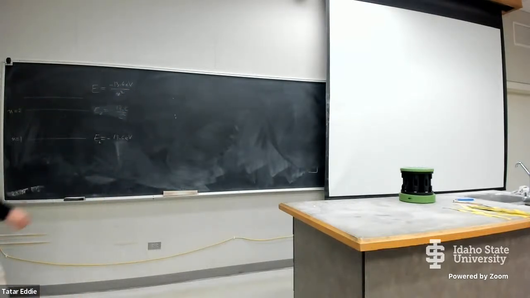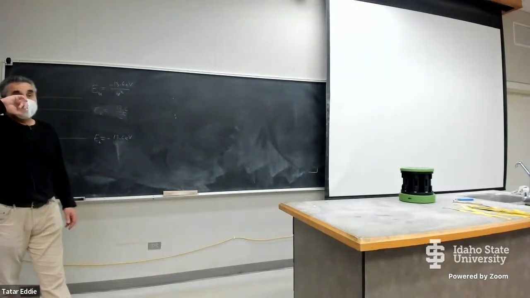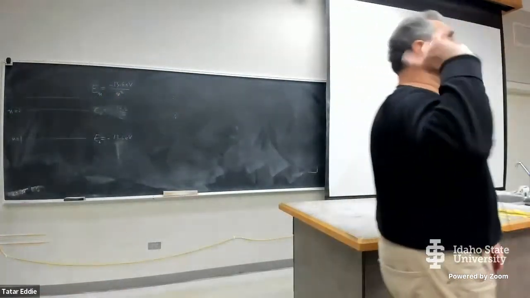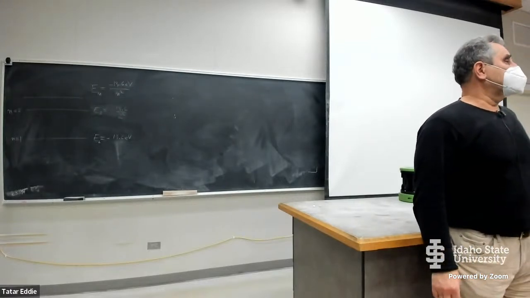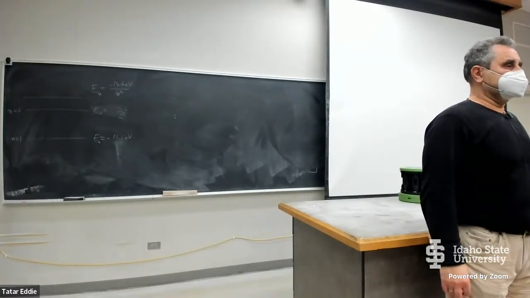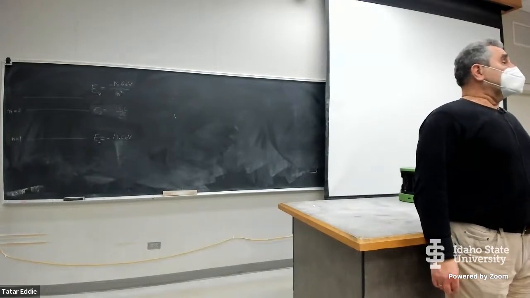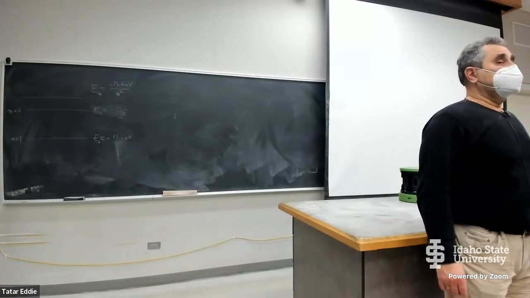So this formula describes the nth energy level of a hydrogen atom. For hydrogen-like atoms, the formula is similar up to a constant. So those are energies of the electron in an atom of hydrogen.